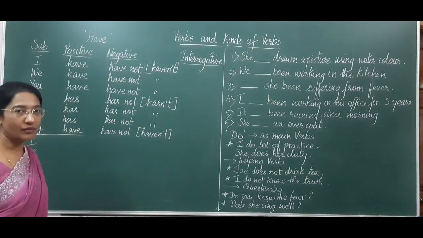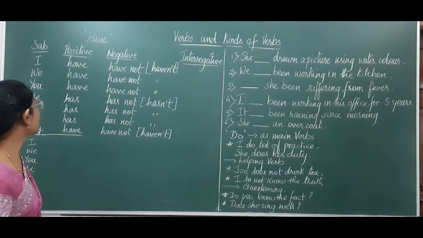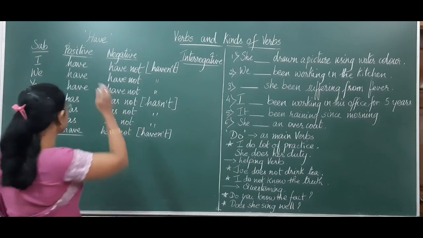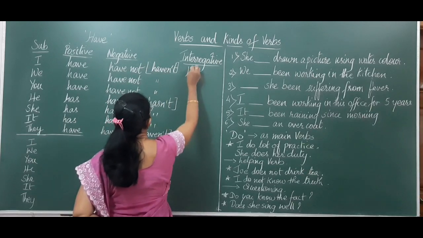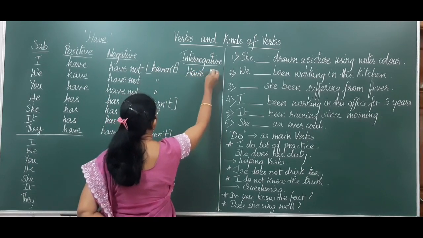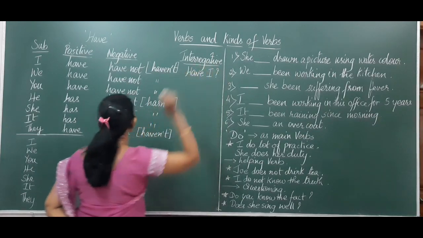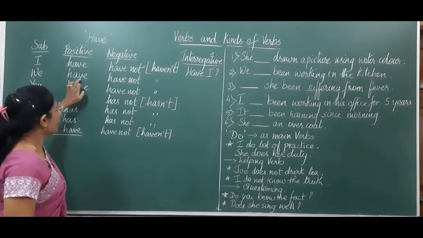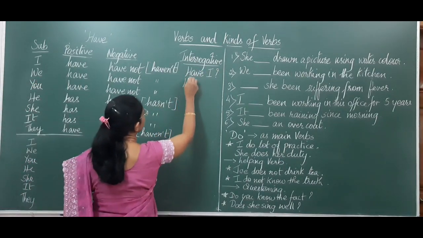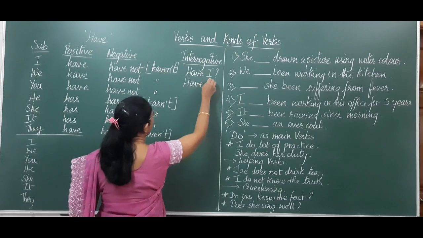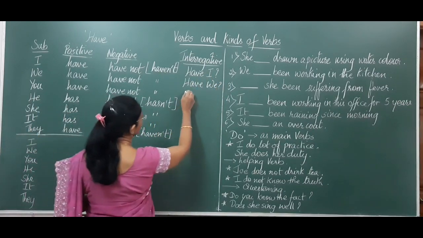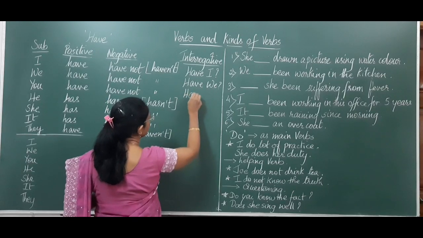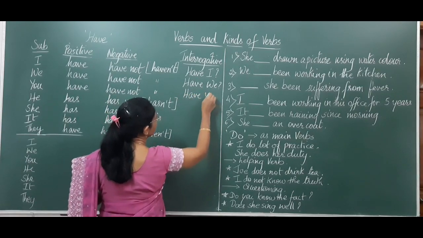Next we see the interrogatives of have verbs with the subject. I have becomes have I. We have becomes have we. You have becomes have you.